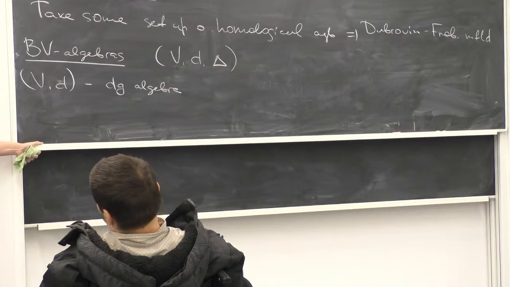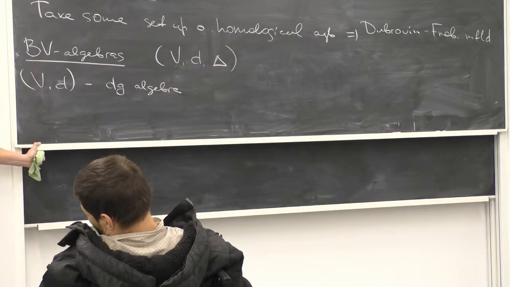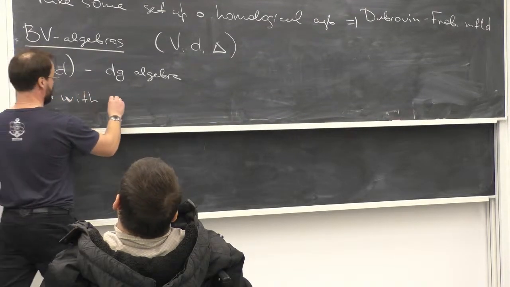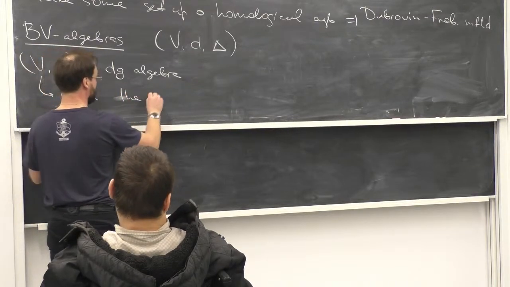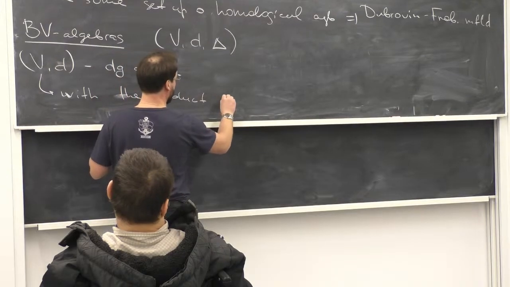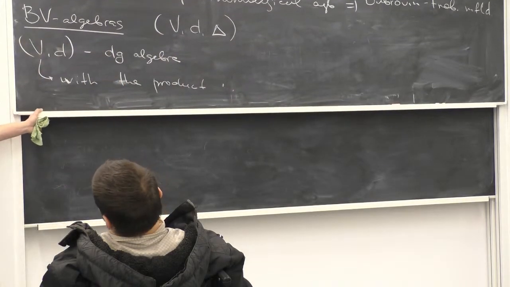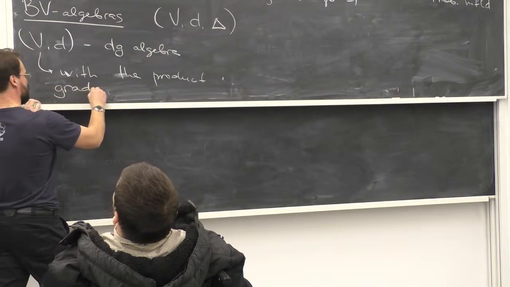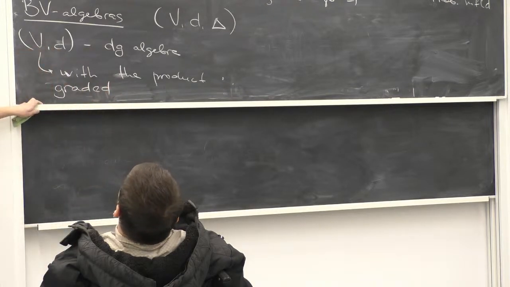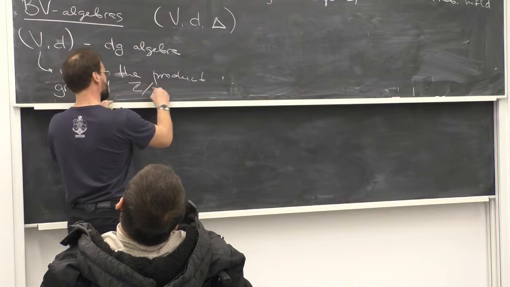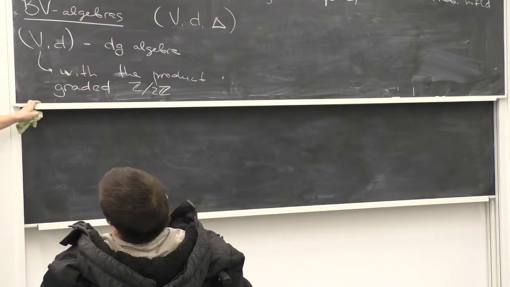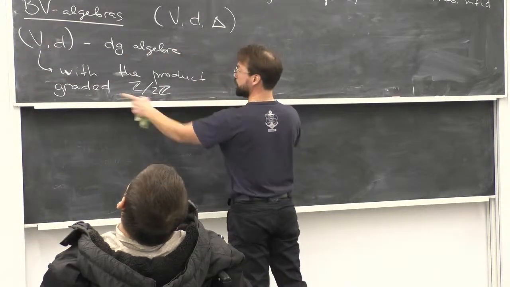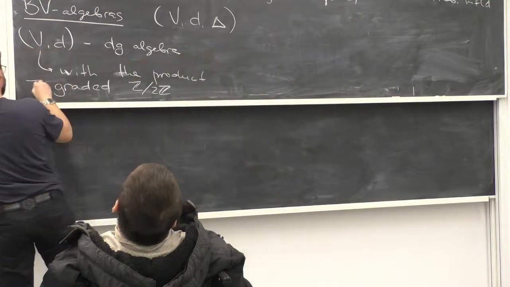Namely, V will be an infinite dimensional C-algebra with a product, which I will denote just by dot, graded, in my talk, Z-graded. Graded, and D is a differential. Sorry, let it be Z-graded.